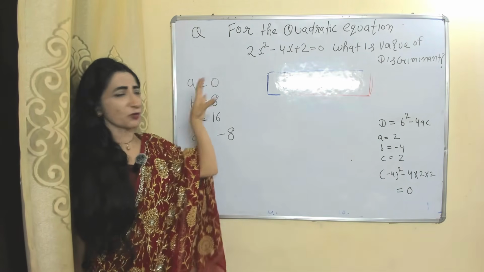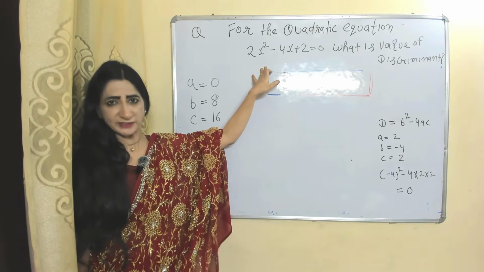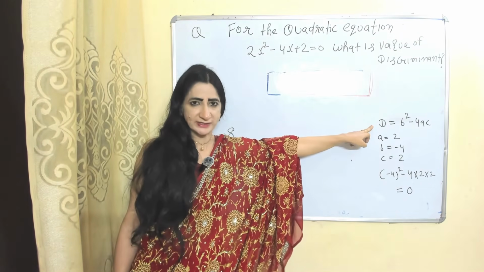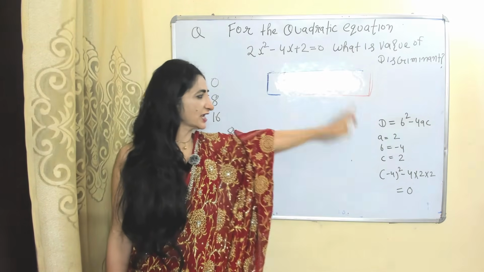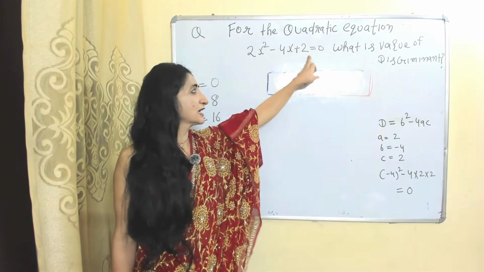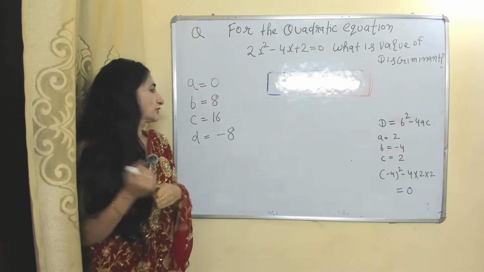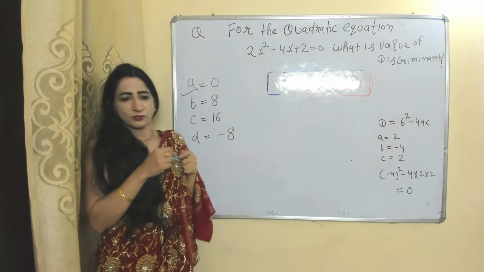For this quadratic equation, what is the value of the discriminant? We have already discussed this formula to calculate the discriminant. In this equation, A is 2, B is minus 4 and C is 3. When we solve it, it becomes equal to 0. So our right option is A, 0.